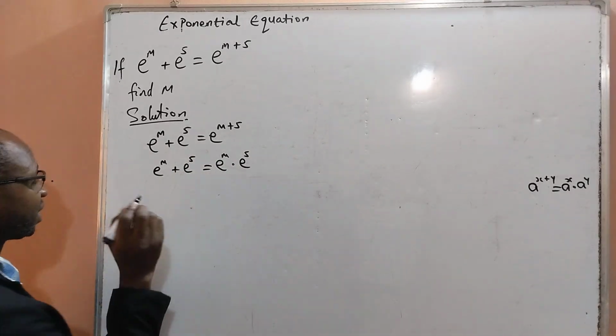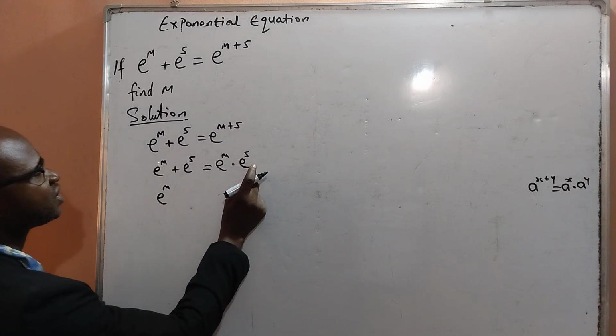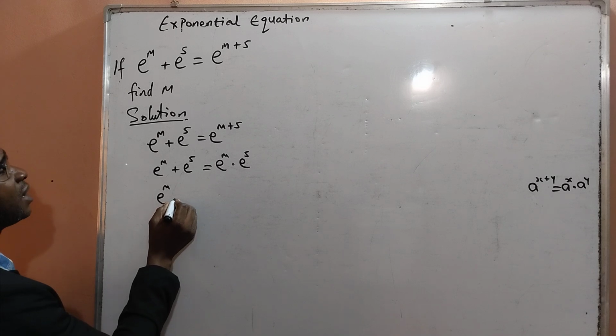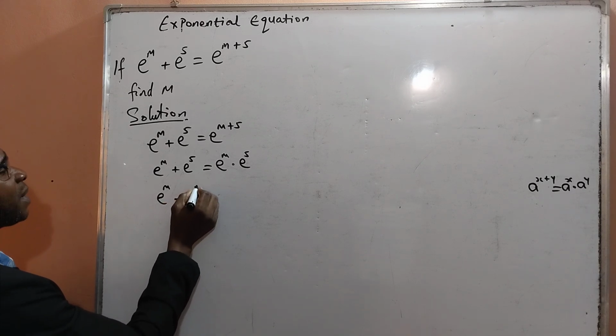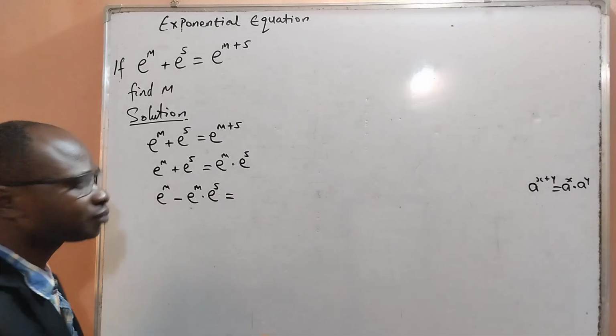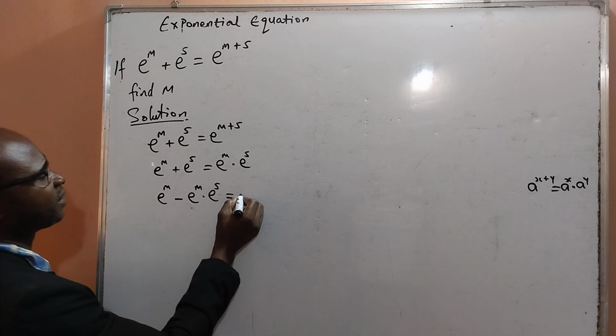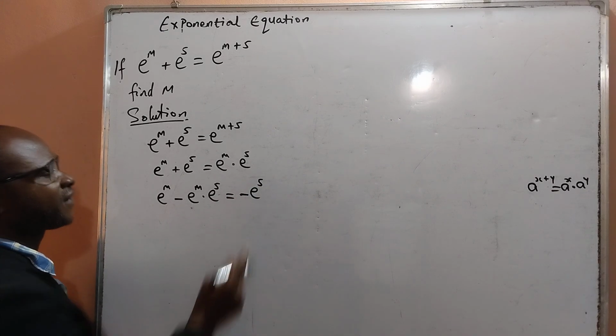Doing that, I will get e raised to the power n minus e raised to the power n multiplied by e raised to the power 5 equal to minus e raised to the power 5.